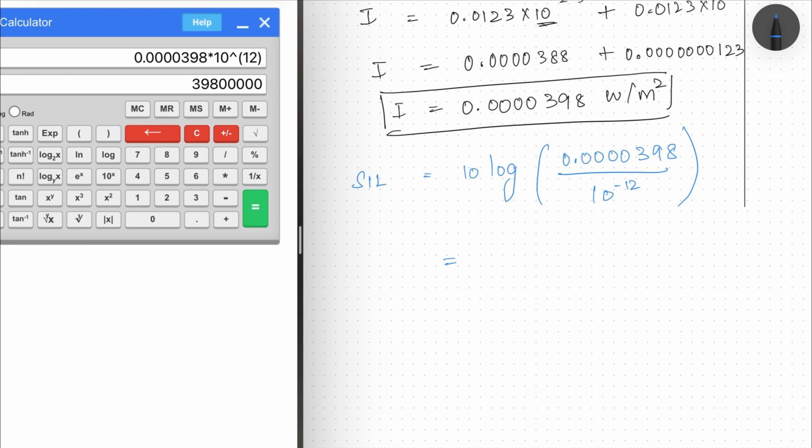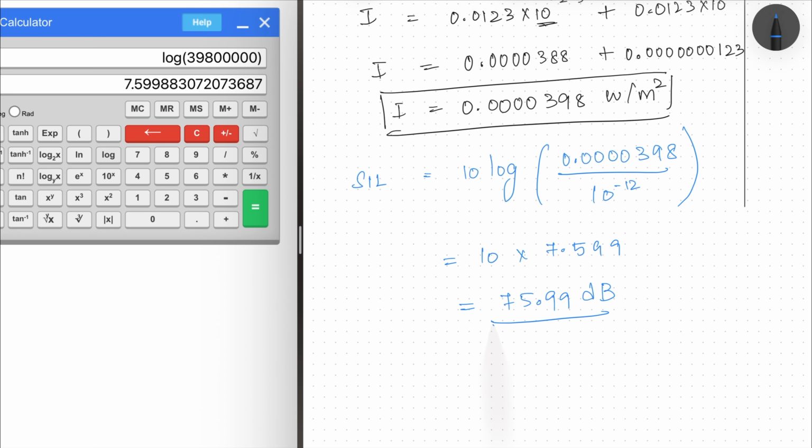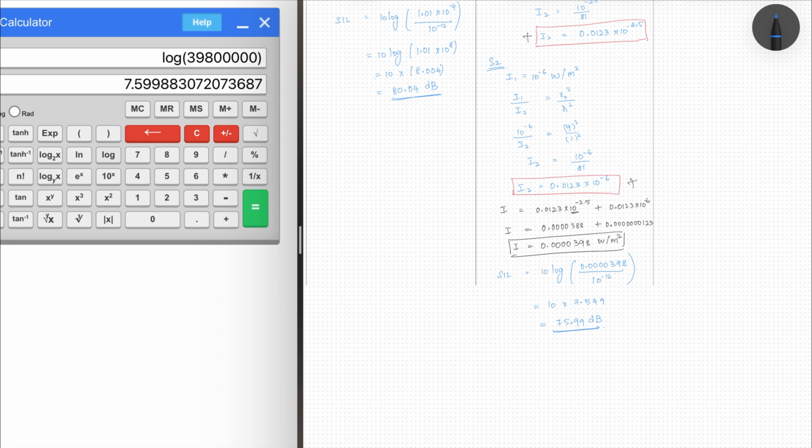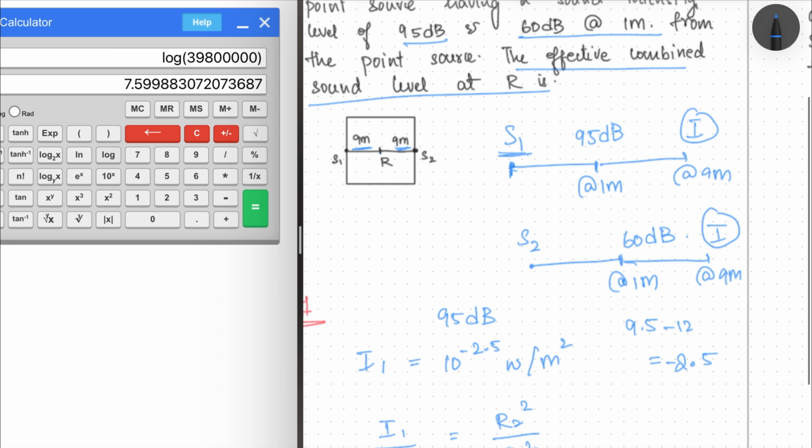It will give you some value, and then you have to find the log of it, which is 7.599. So 10 into 7.599, and if you multiply, you'll get 75.99 decibel. This is the sound level at R when you combine both the point sources.